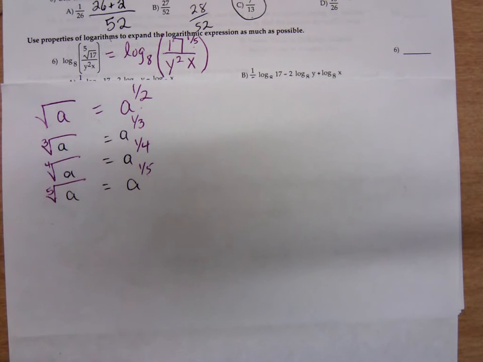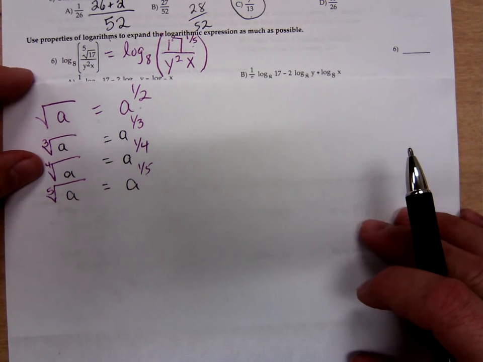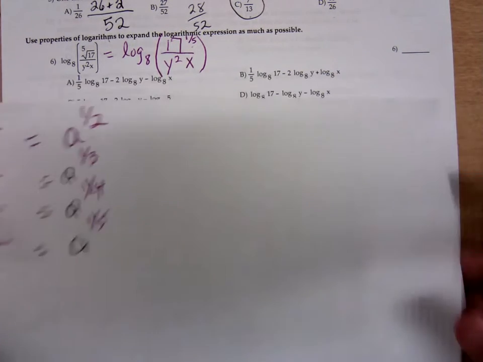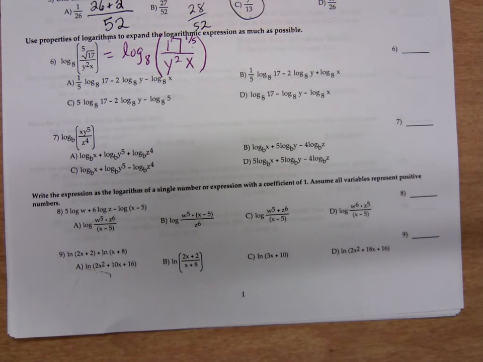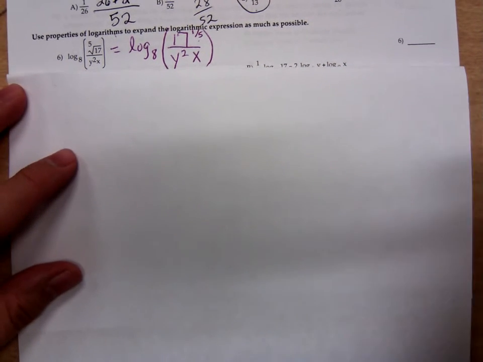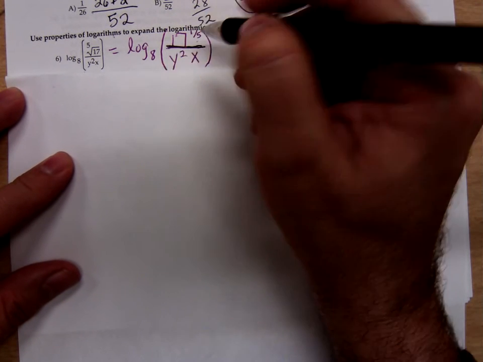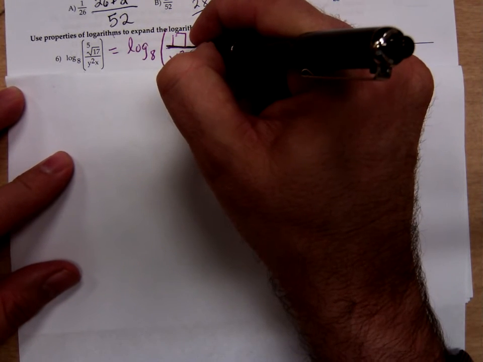And now I'm about to expand, which is using the properties of logarithms. The power rule, the quotient rule, the product rule. And the way we do these is you separate logarithms at multiplication and division. So here is division, right there, multiplication.